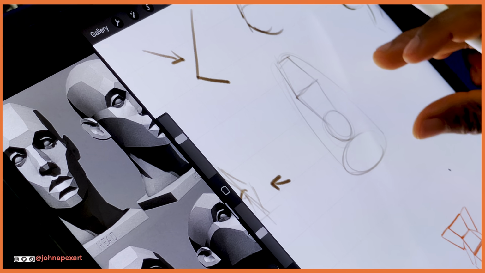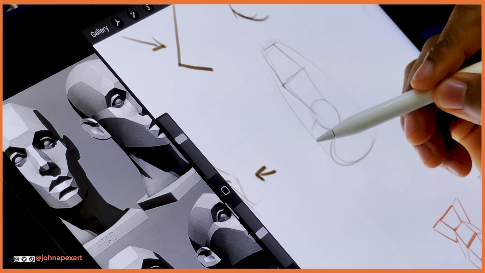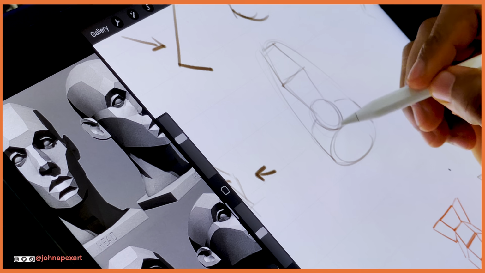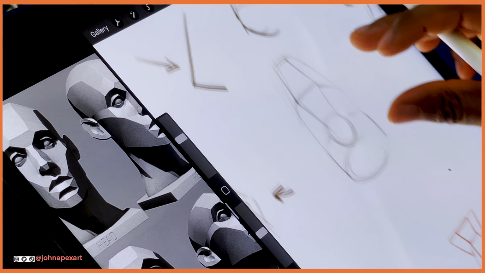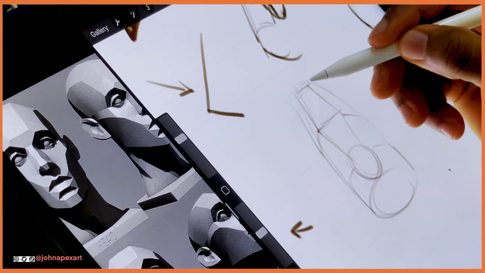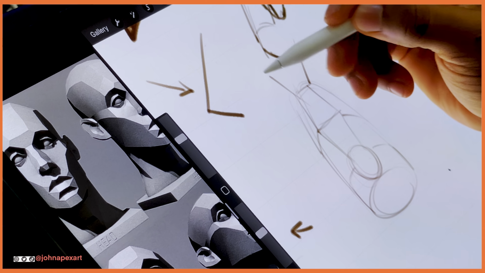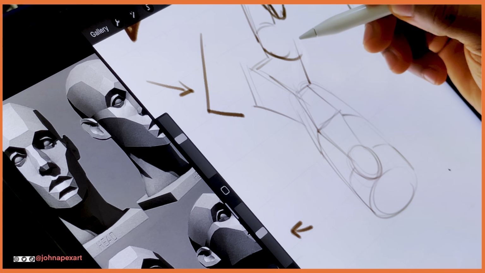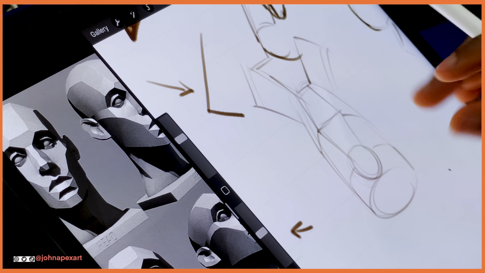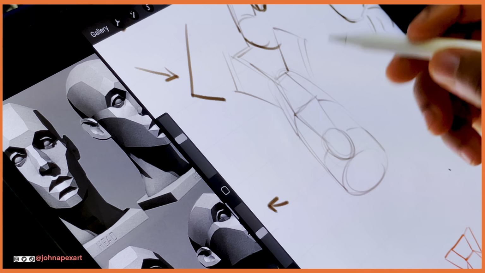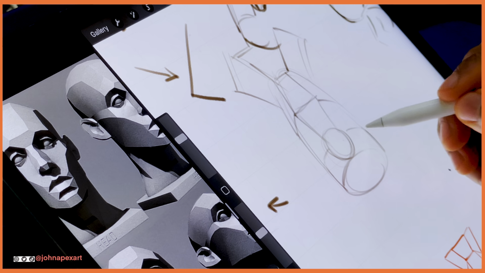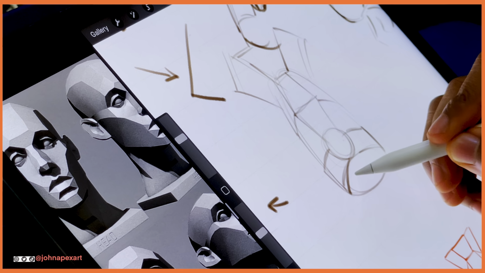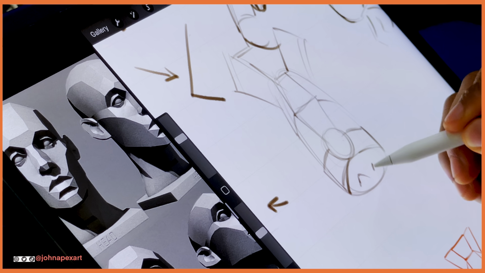This is the ball, upper and lower cartilage, and then we'll have our wings. And then our keystone plane. So you could approach it from this angle and use this format to tackle whatever nose it is that you're drawing.